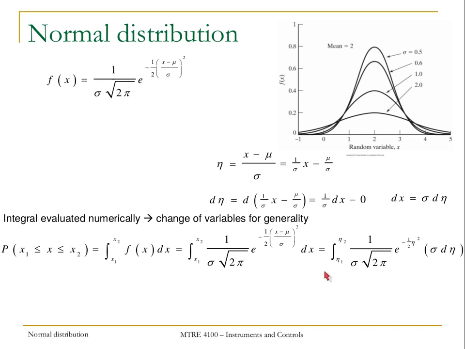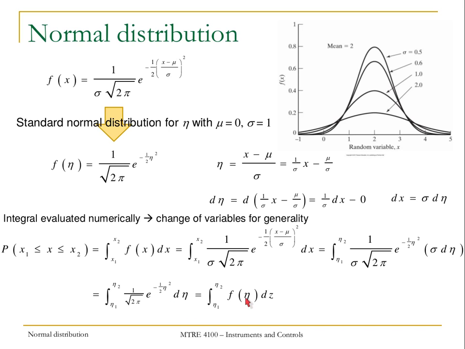So now we're finding the probability that eta is going to be between eta 1 and eta 2, and it's given by this integral. And here is the normal distribution function rewritten in terms of the variable eta, and it's generalized, so the mean is 0 and the standard deviation is 1.